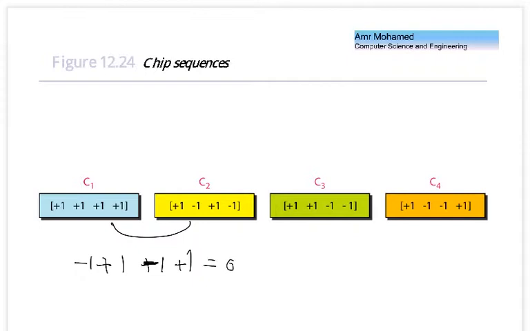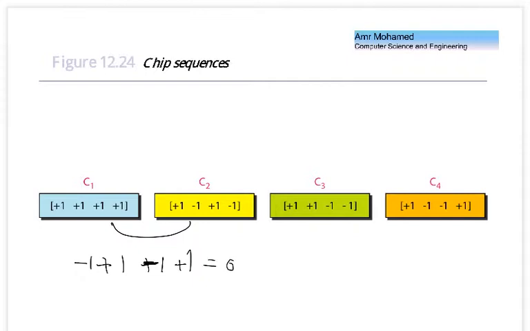Why do we use 1 and -1? Because the multiplication of 1 by 1 is 1. The multiplication of -1 by -1 is also 1. Right? So when you multiply the code by itself, the result will always be 4, which is the maximum.